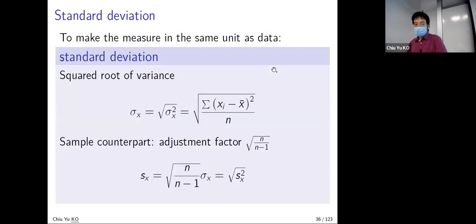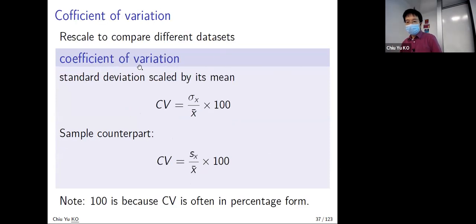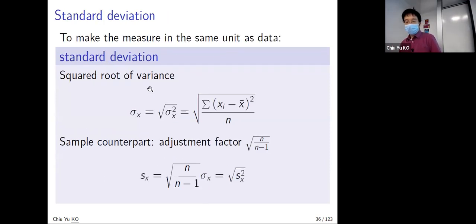So the next two measures we are talking about are called the standard deviation and the coefficient of variation, okay? The standard deviation is actually more often used than the variance; it is the square root of the variance. Taking the square root makes sure that the measurement unit is the same as the data, okay?